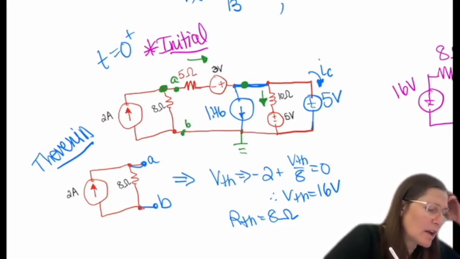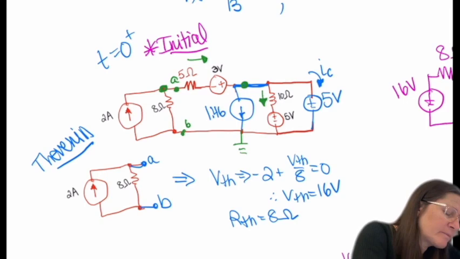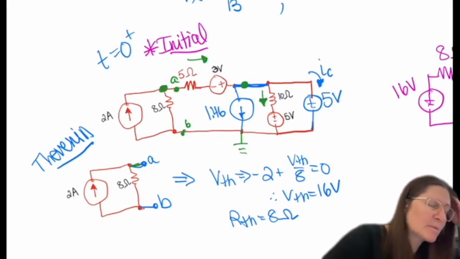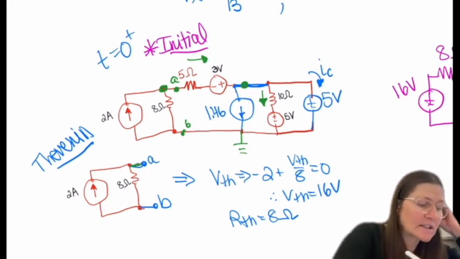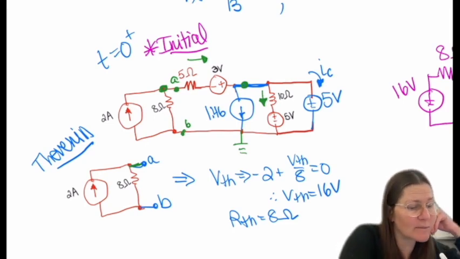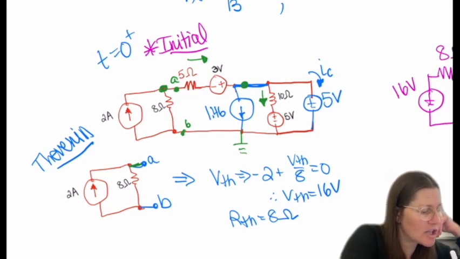And so I can do the node voltage again on the top, which would put me at minus 2 plus Vx over 8, and that Vx is VTH, so that gives me 16. And then RTH just opens up 2, so that becomes 8.